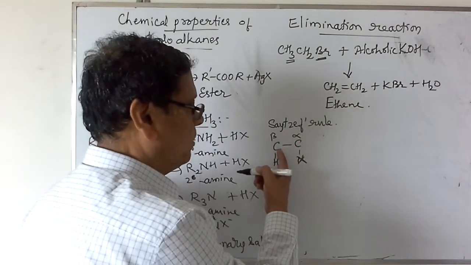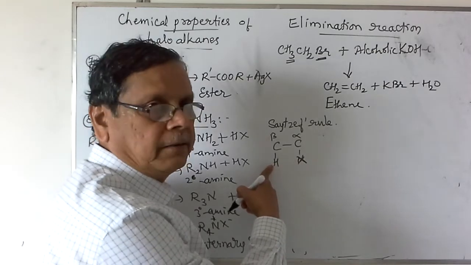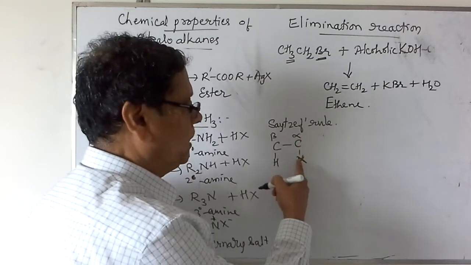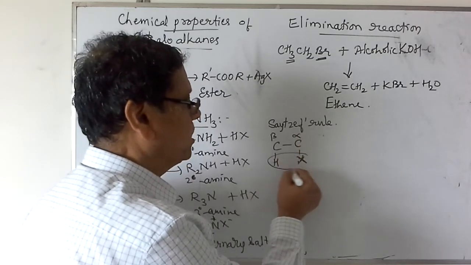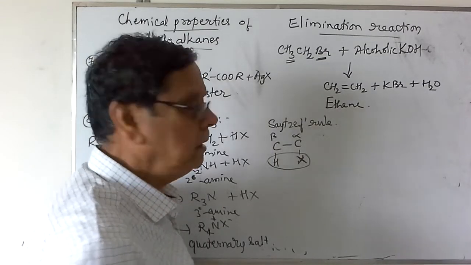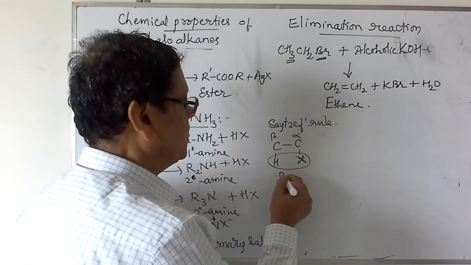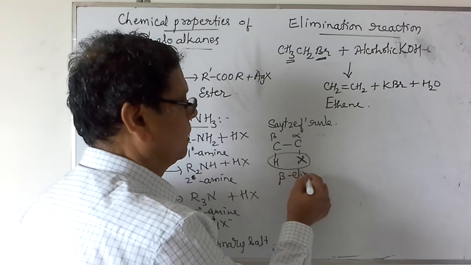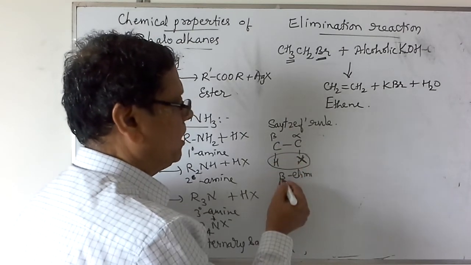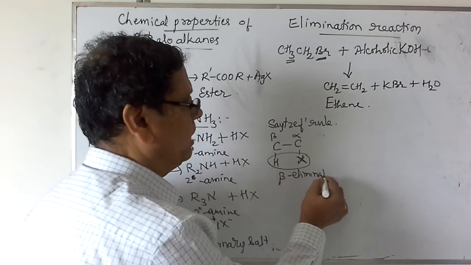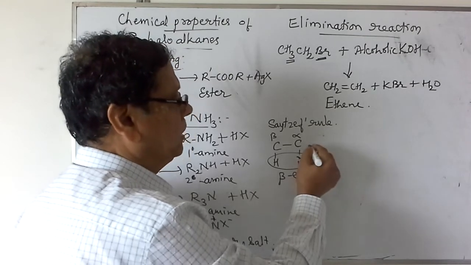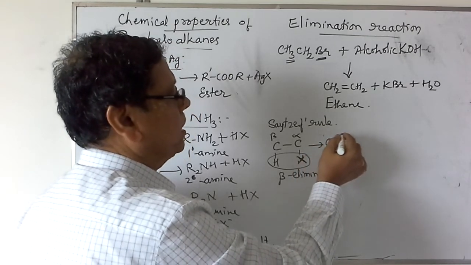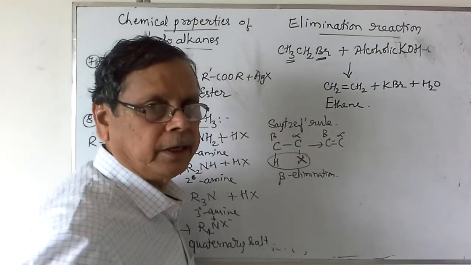Beta carbon atom containing a hydrogen atom and alpha carbon atom containing a halogen atom will undergo elimination reaction. That is the reason why it is called beta elimination. Since hydrogen from the beta carbon atom is eliminated, it is called beta elimination. This will give rise to a carbon-carbon double bond between the alpha and beta carbon atoms.